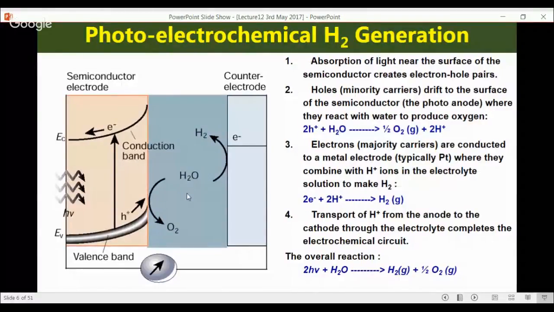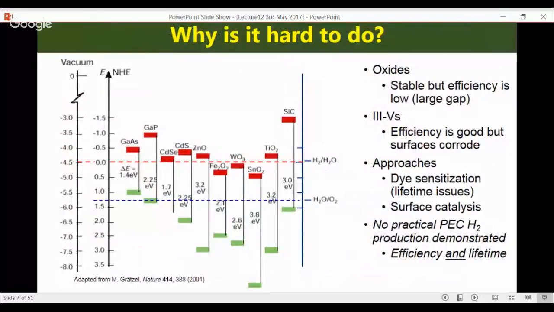And in what time scale it will be before they recombine. Second thing is, we have already talked about it, that the reduction potential of the H+ ion and the oxidation potential of water to give oxygen, their potentials should straddle between the conduction band and the valence band.